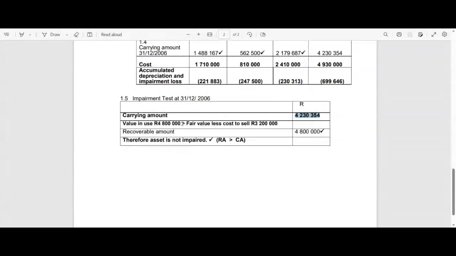So therefore, we are able to use the larger of the two amounts as our recoverable amount. So our recoverable amount is then calculated as 4.8 million. So therefore, there is no impairment loss because the recoverable amount actually exceeds the carrying amount.